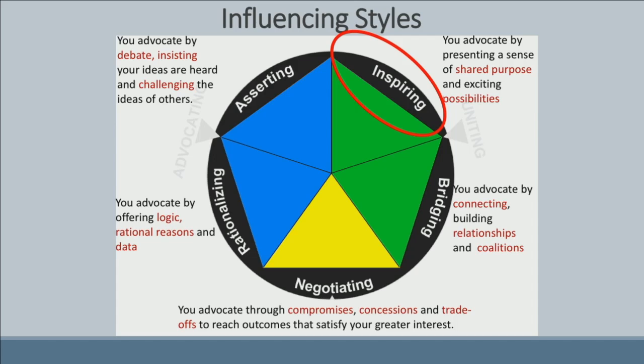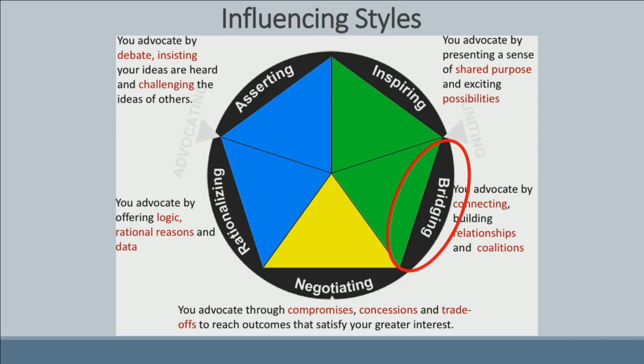I'm going to talk about a shared purpose. I'm going to try and attract people to me and to my ideas. And so asserting assumes that you personally have the power and you push your ideas outwardly. Inspiring assumes you have the power and you're pulling people to you and your ideas.